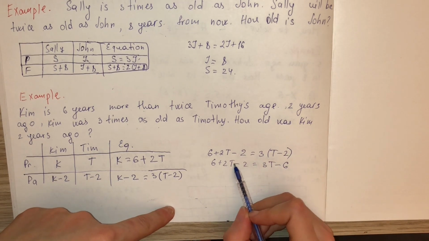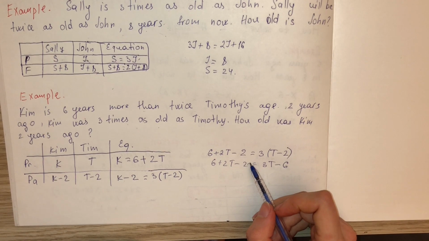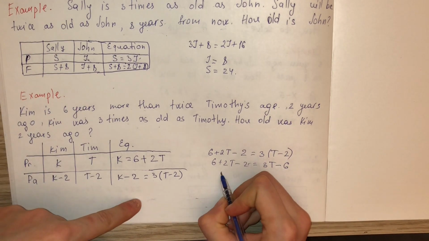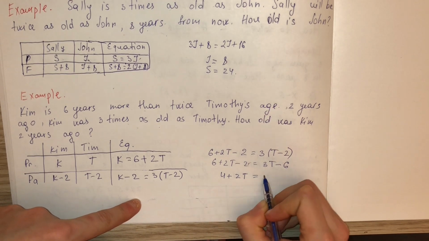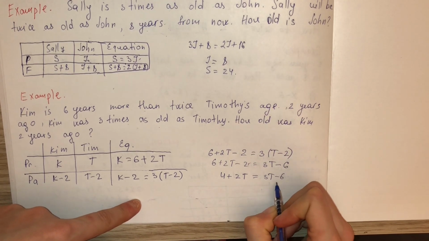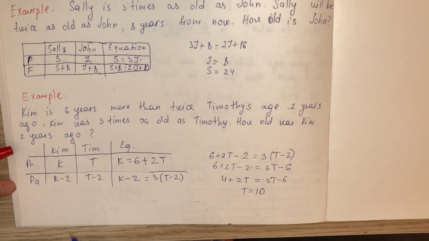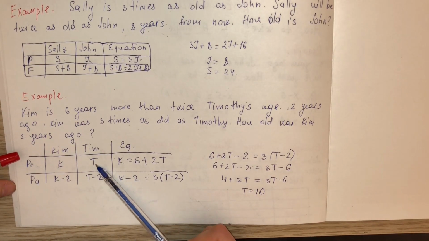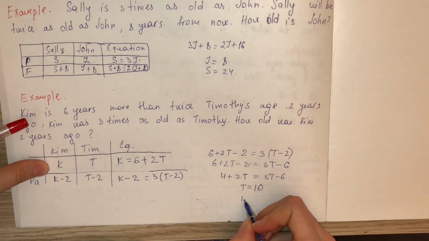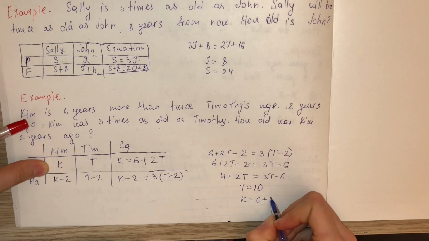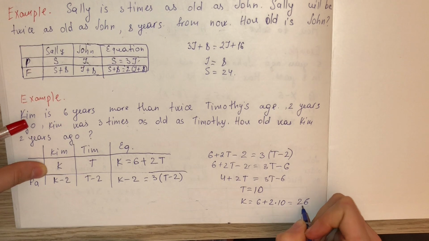And if we cancel out T's, we will get 4 plus 2T is equal to 3T minus 6. Here T is equal to 10, and Timothy is 10 now, and Kim is 6 plus 2 times Timothy's age, 26.